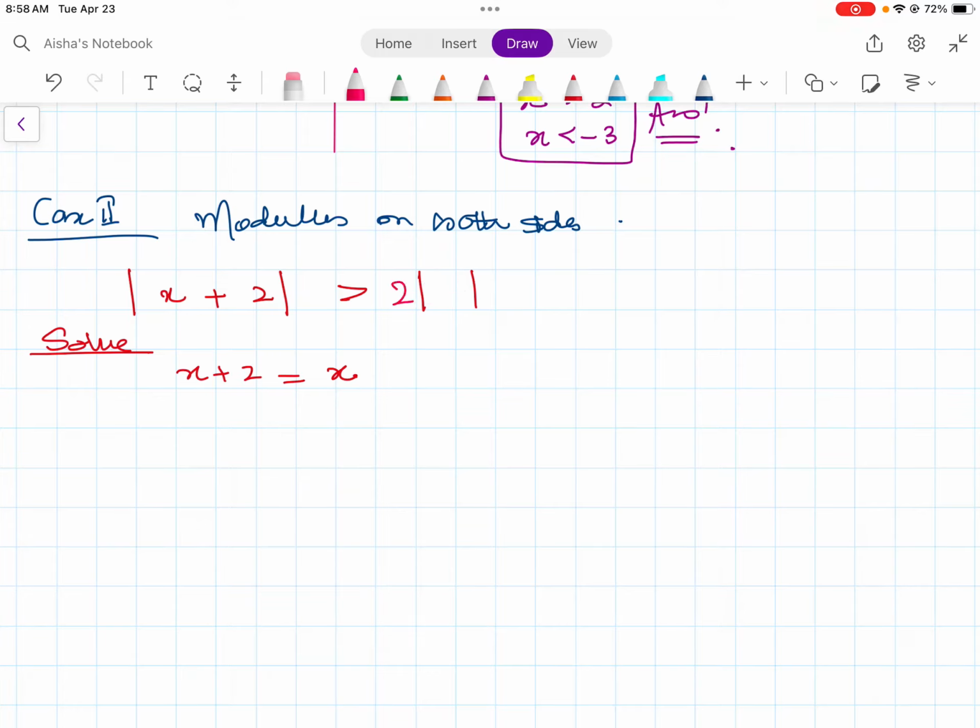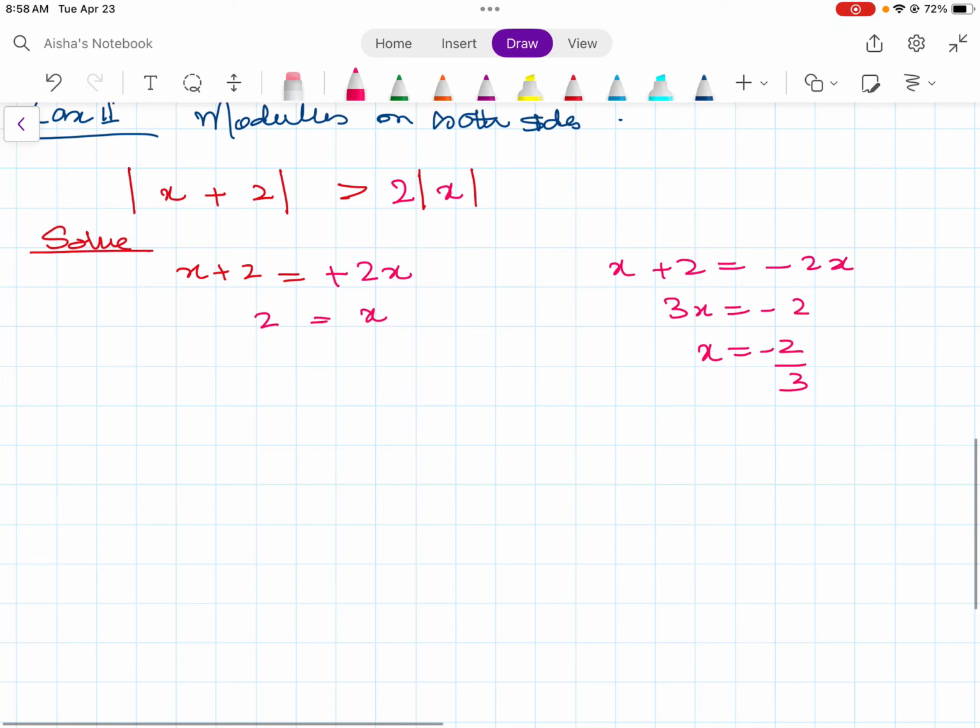This is better. x equals 2. Now for sketching, x plus 2 equals 0, x equals minus 2. One value to the right, one value to the left.